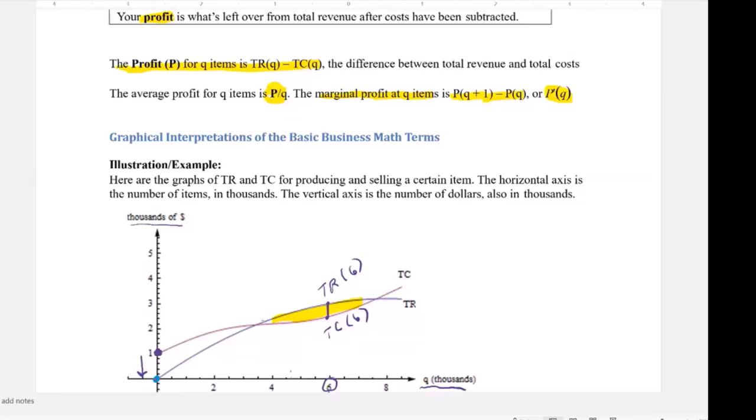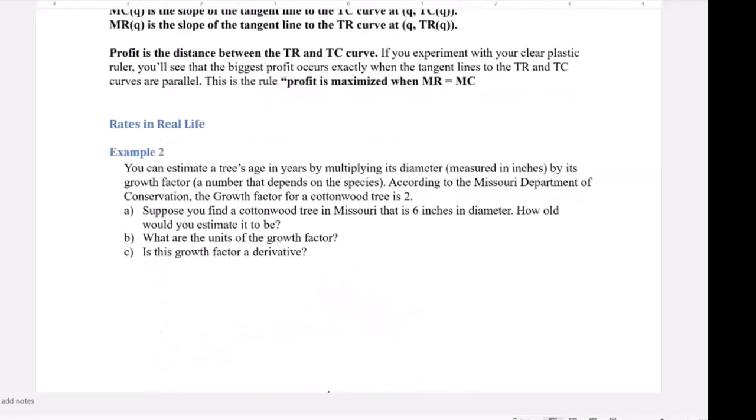So I find those values, I subtract them, and I get my profit. This is the rule. The profit is maximized when the marginal revenue is equal to the marginal cost. And we're going to find out why that is at a later point, but just for now, just make the assumption that it's correct.